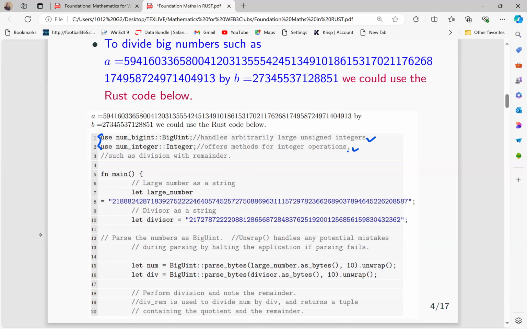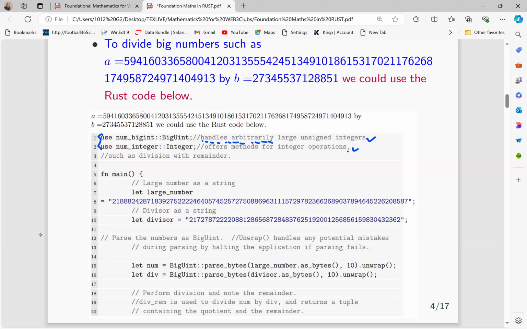For instance, this is the library, but these are my additional notes just to help you understand why I put it there. I've said this library here we've imported to assist us deal with large integers. And this one will assist us in methods of integer operation, such as division and remainder. Because we want to have a number dividing another one, it's this library that will assist us to do that division and then give us the remainder.